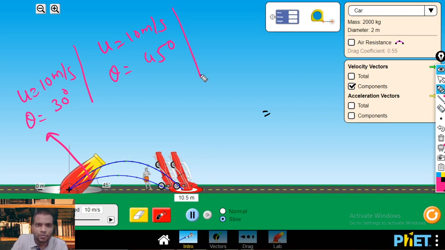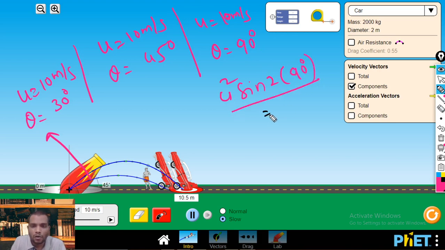Now what happens if u equal to 10 meters per second and the angle of projection theta equal to 90 degrees? What do you think? That is u squared sine 2 times 90 degrees upon g. So sine 2 times 90 goes to 180.